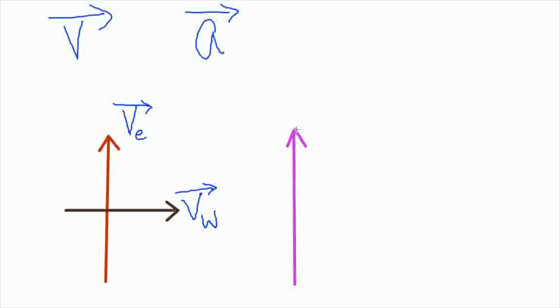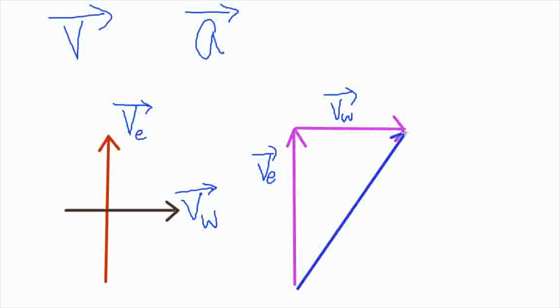So here's VE, there's VW, a copy of it, I mean. VE, VW, line them up head to tail, and so the total velocity, the velocity that the ship is actually going to travel at, is right here, VE plus VW. And so acceleration will add and subtract the same way.